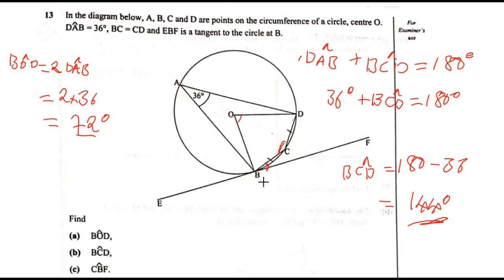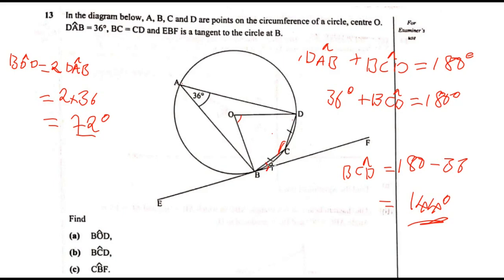A point of advice: if you have some tricky questions and you think you've solved the other ones, you can just jump to the next and come back to it later, because you don't want to waste time attempting a question you probably won't even get right. This one is a bit tricky, I must admit, because you go to CBF, which is this one right here, and you want to find this one right here.